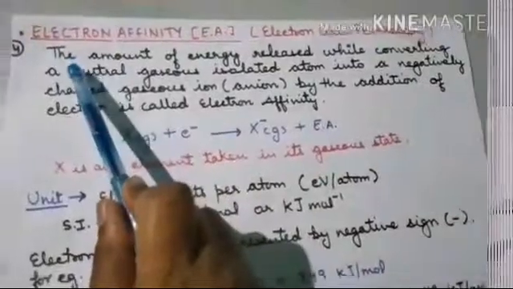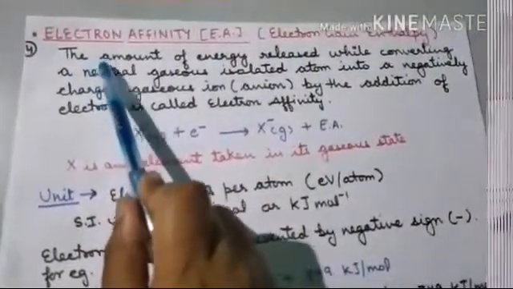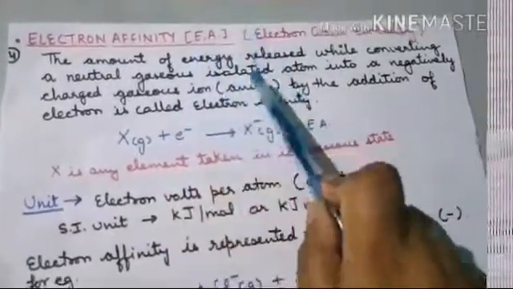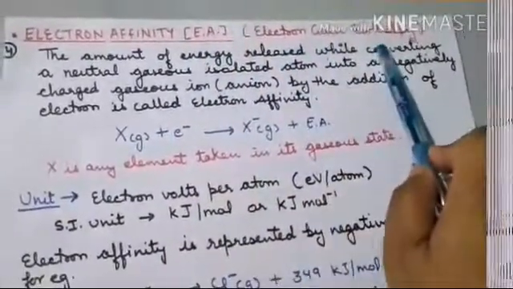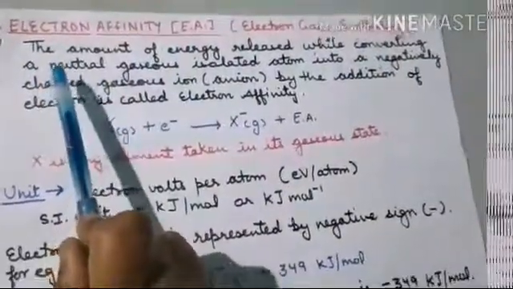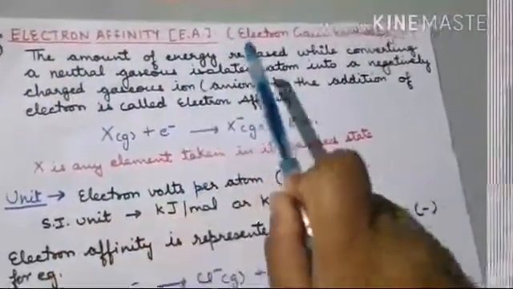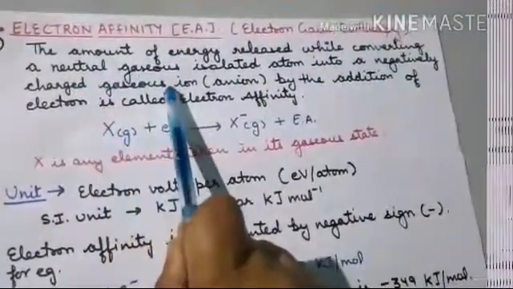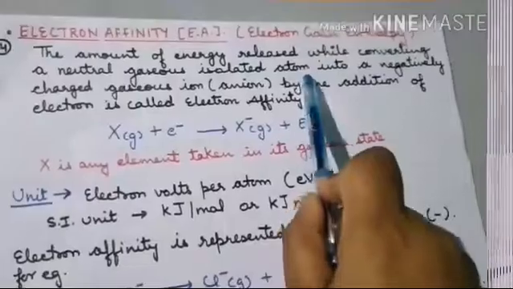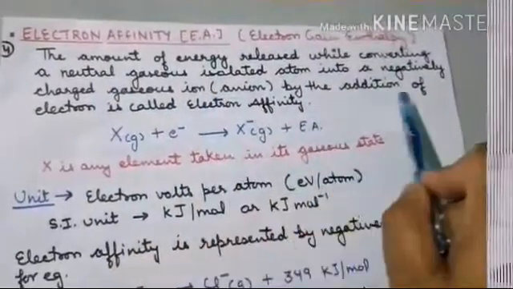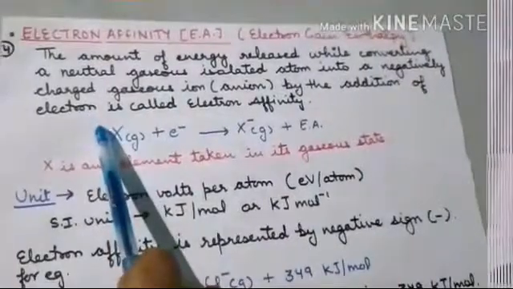Let's see another periodic property, that is electron affinity. It can be represented as EA. It is also known as electron gain enthalpy. So how can we define it? It is defined as the amount of energy released while converting a neutral gaseous isolated atom into a negatively charged gaseous ion by the addition of an electron.